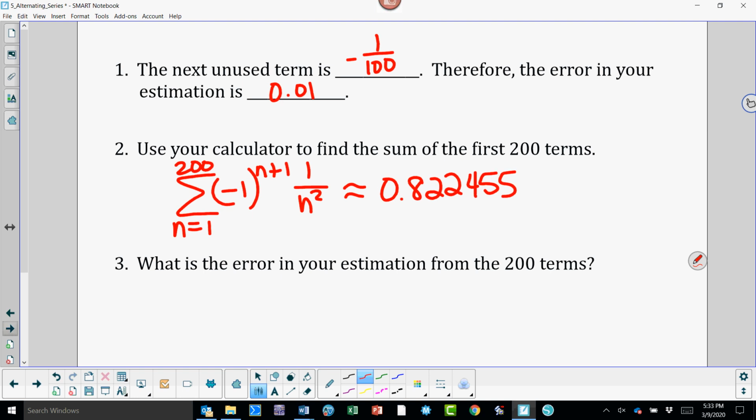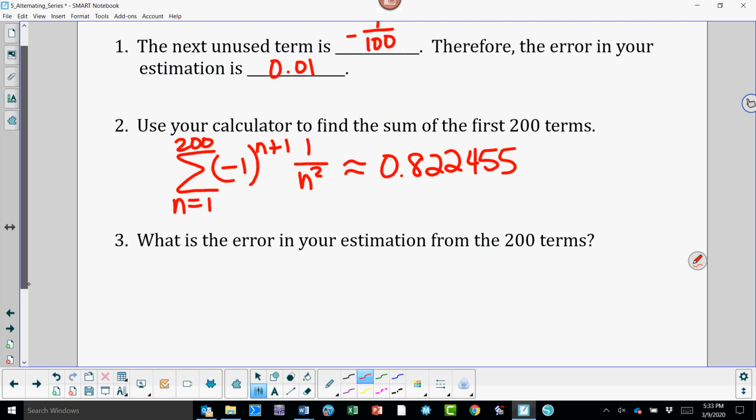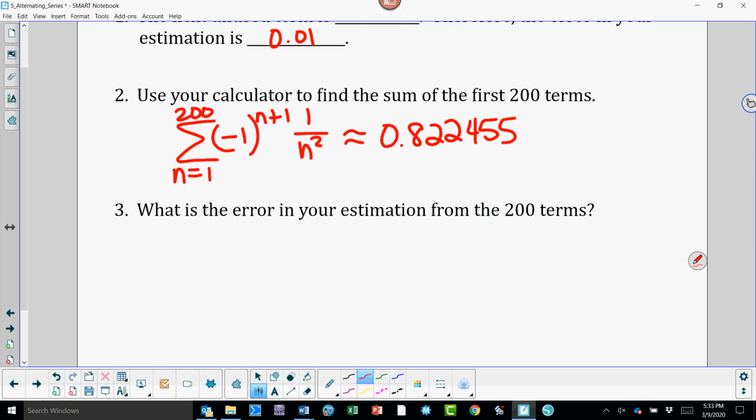So what's my error from adding up the first 200 terms? Well, my error is going to be the 201st term, whatever that value is, which would be 1/201 squared, and really it's the absolute value of that term, so I don't bother to write down the -1 to the whatever because I'm absolute valuing it.